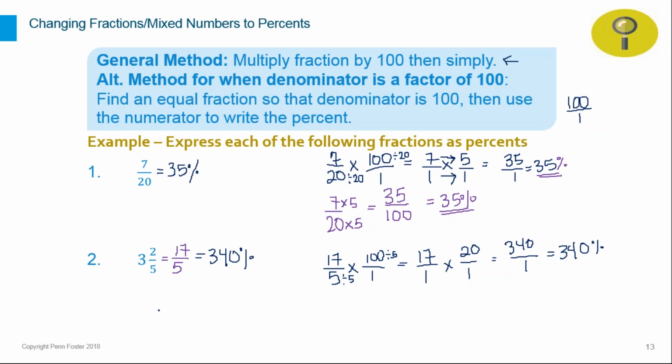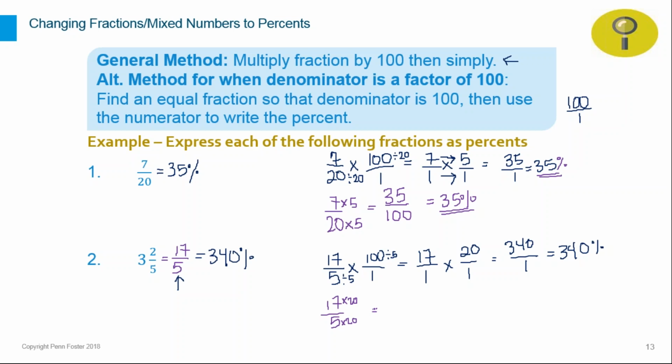Or I can use the fact that the denominator is a factor of 100. So I'm going to change the improper fraction to another equal fraction that has 100 in the denominator. So 5 times what will give you 100? 20. Do the same thing on the top. Don't forget.